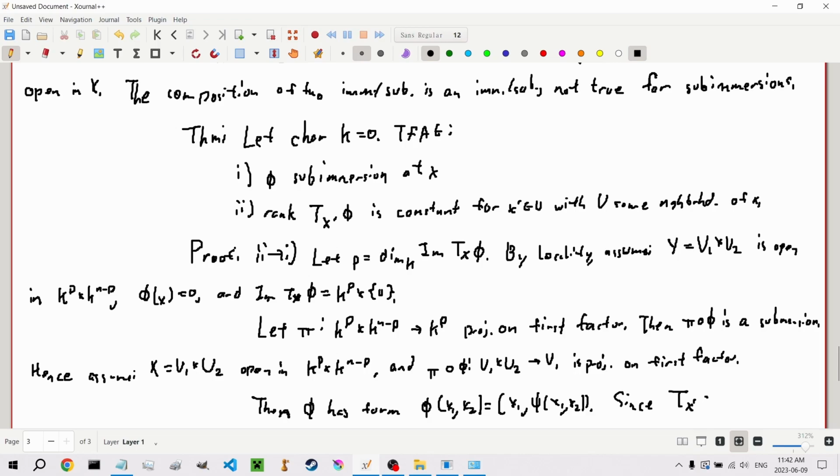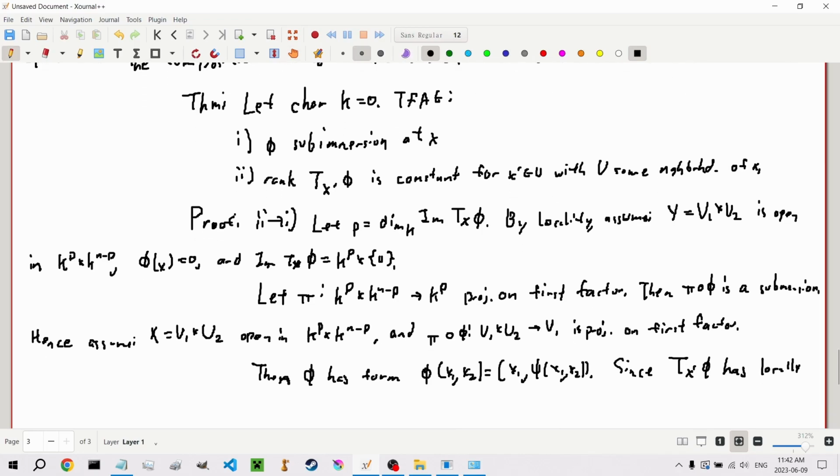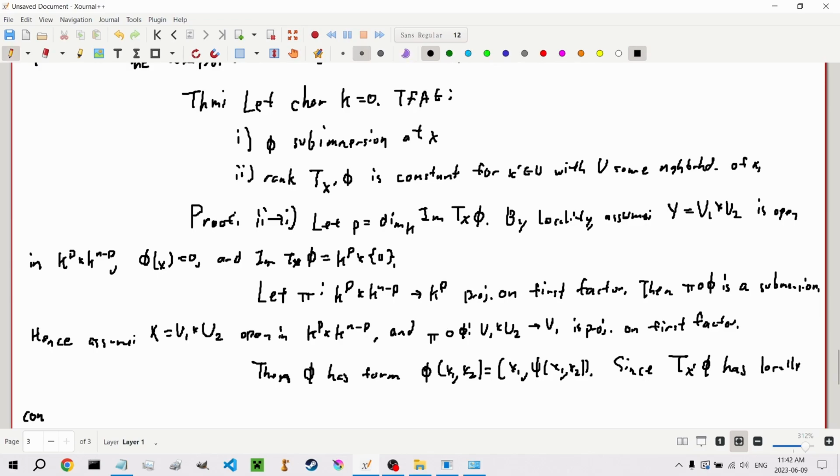Since the tangent map at x prime of phi has locally constant rank, assume the rank of the tangent space at x prime of phi is constant on v1 times u2, which is rank p.